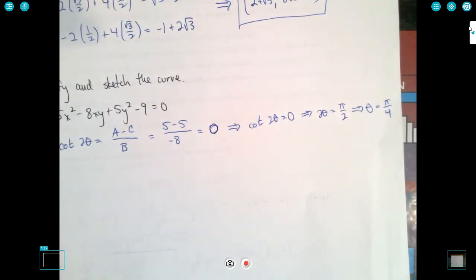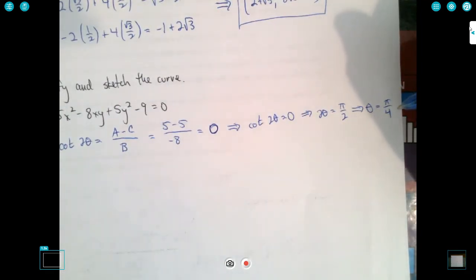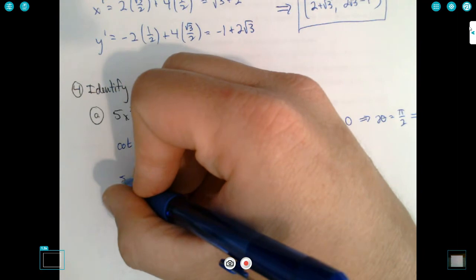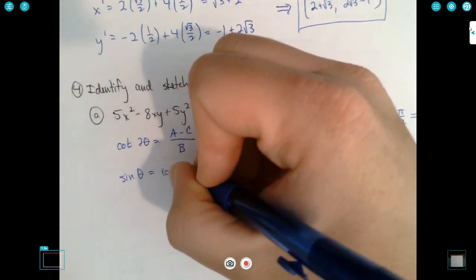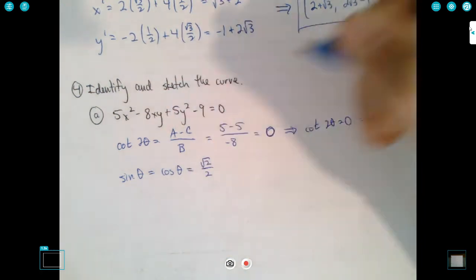Okay, well that's good to know because now we can say sine theta and cosine theta are both going to be root 2 over 2, right? So sine theta equals cosine theta equals root 2 over 2 in this case.